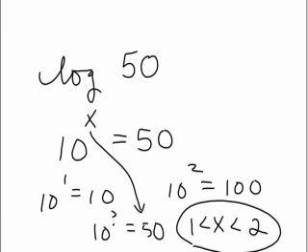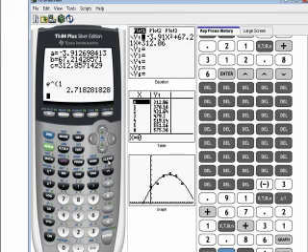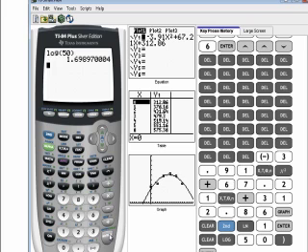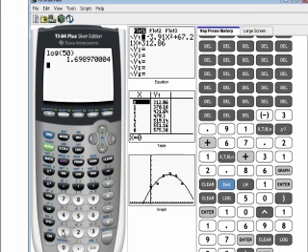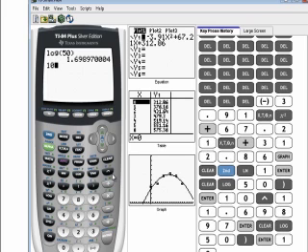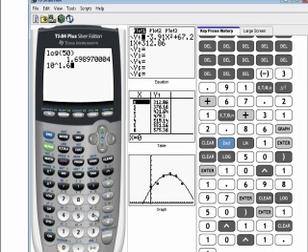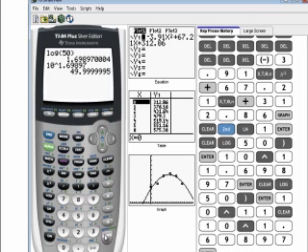So I can open up my calculator and I can press the log key, 50, and I can see that it's between 1 and 2. It's about 1.69897. So if you want to check this, 10 raised to 1.69897 is very, very, very close to 50.